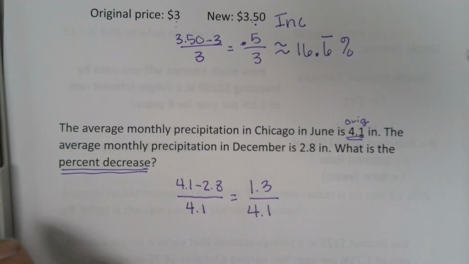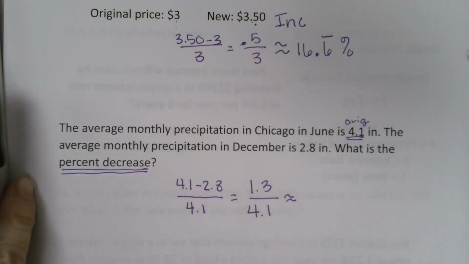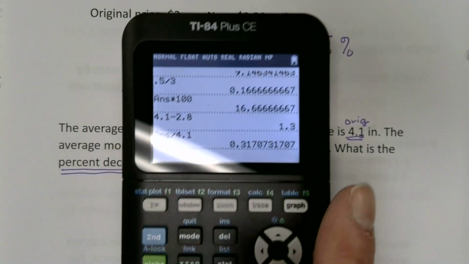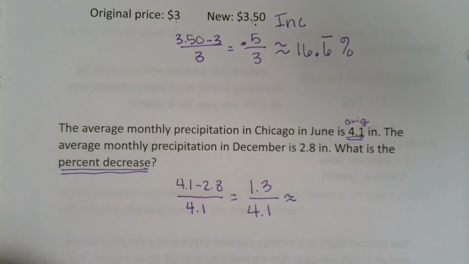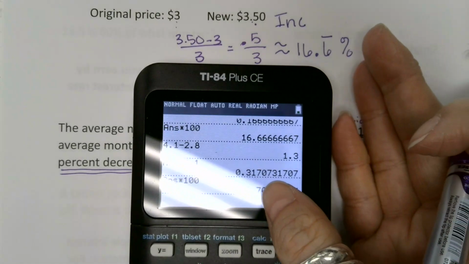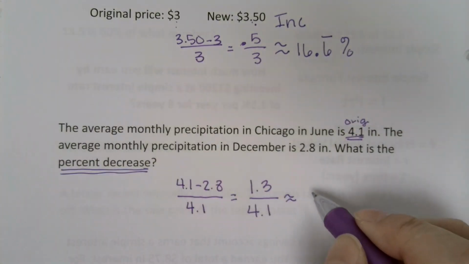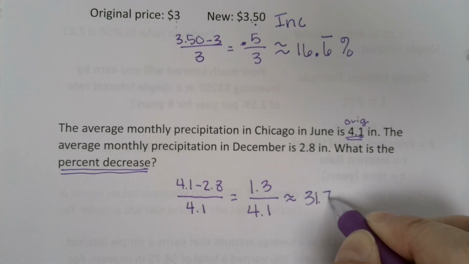I'm going to divide those two, and I get 0.3170 like so. So I'm going to multiply by 100 or slide the decimal over 2. And depending on what you're supposed to round to, this might be 31.7 and it might be 31.71%. I'm going to say 31.7%.